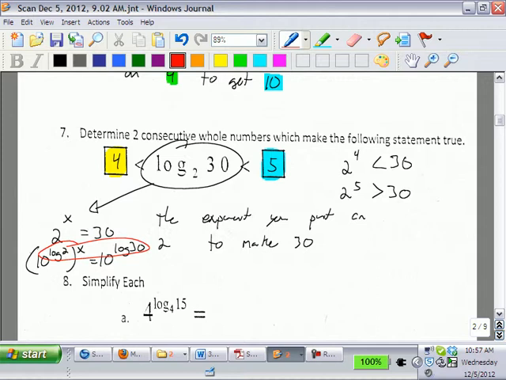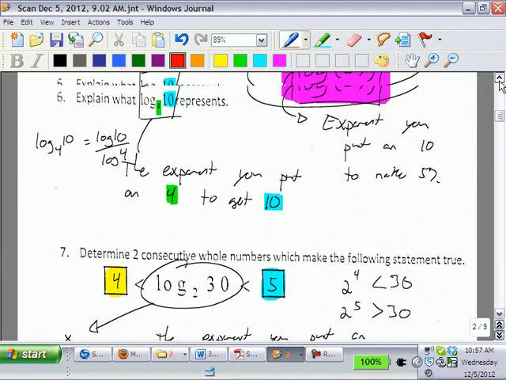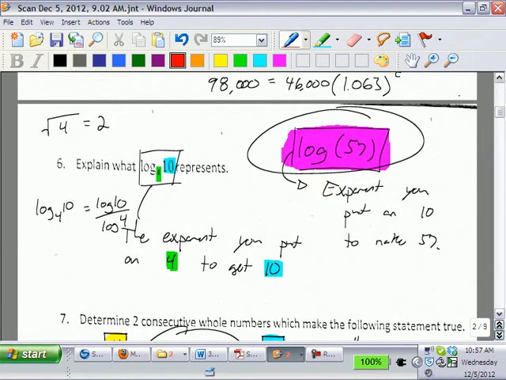If I said, what is it? Great. Okay, so 6 is a notation thing. The 4 being there as a subscript is the base. It tells you we're looking for the exponent that goes on a base of 4 to get you 10.